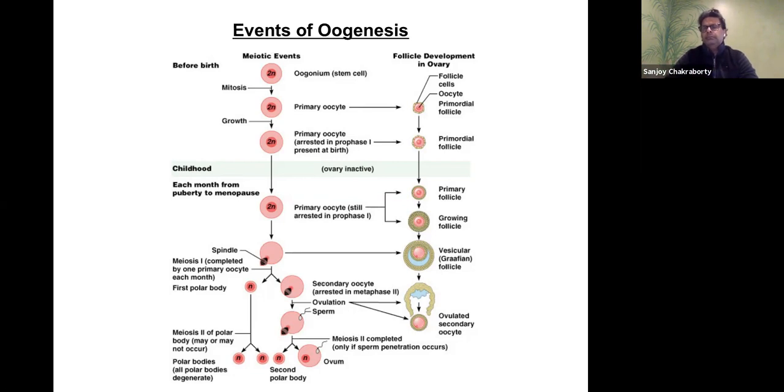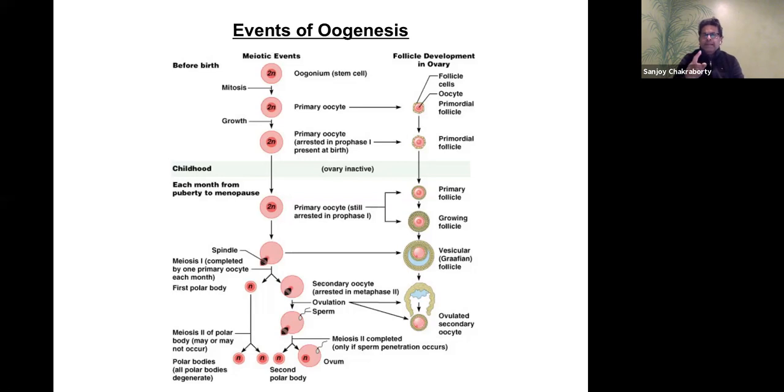Complete stop. When the secondary oocyte reaches metaphase 2, everything stops. That is the time of ovulation. So when the follicle ejects that egg along with some follicular guarding cells, which is scooped up by the fallopian tube, the egg is at metaphase 2 stage.